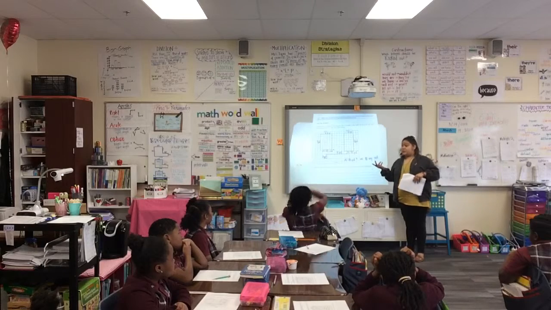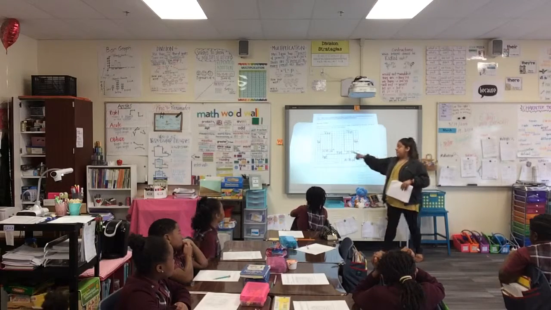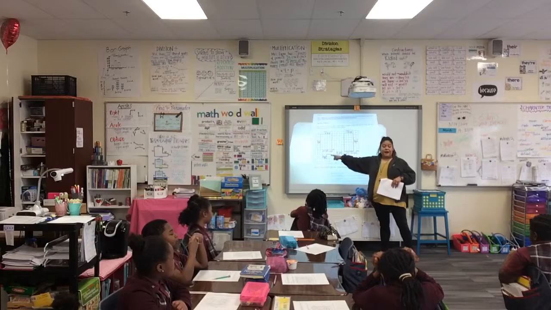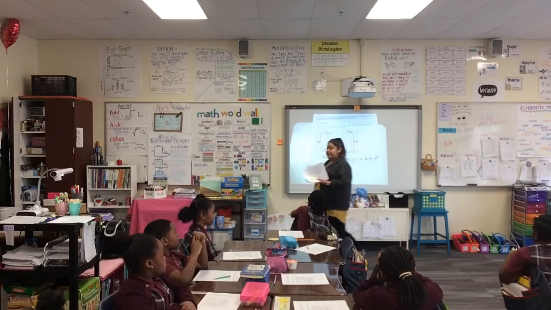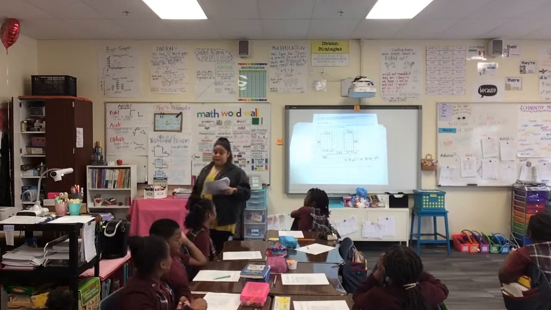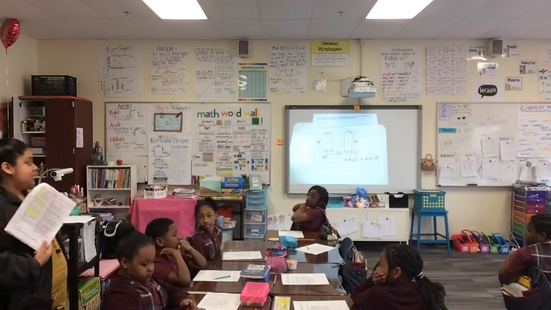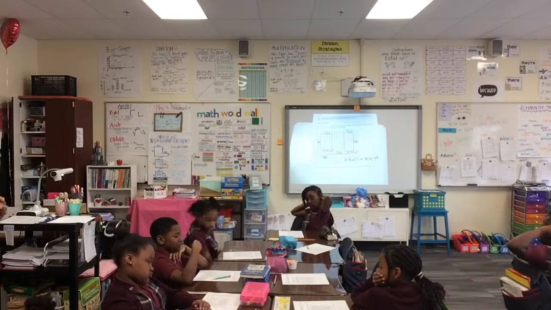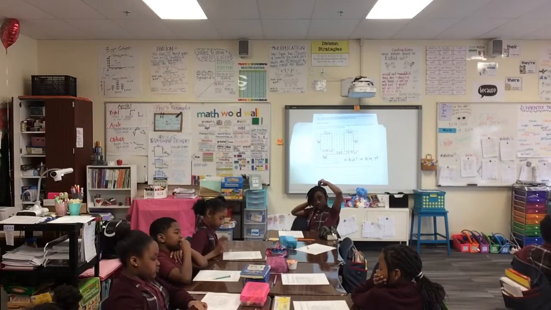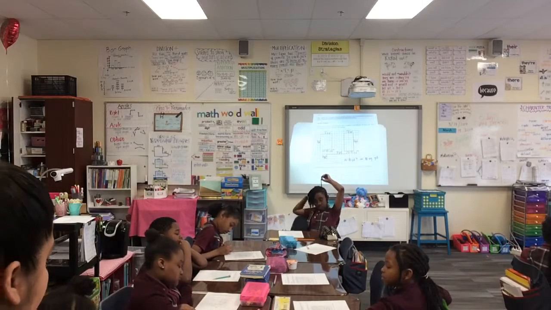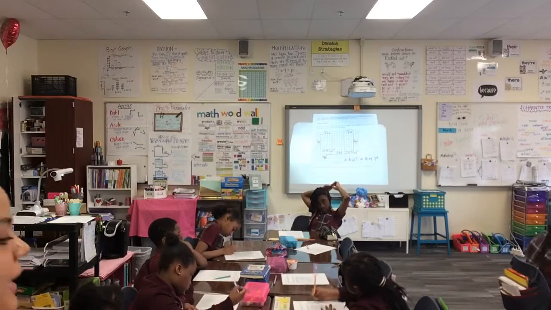So the answer is no. There is no other area that is larger than 35. So your best choice would be 35 square yards, option 1. So I want you guys to go ahead and write on your paper which playpen gives a dog the most area to play in and explain why.